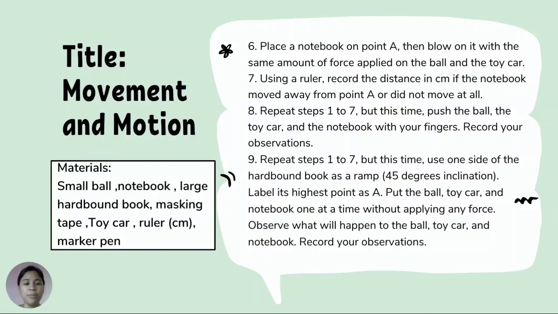Record your observations. Number 9, repeat steps 1 to 7, but this time use one side of the hardbound book as a ramp at a 45-degree inclination. Label its highest point as A, then put the ball, toy car, and notebook one at a time without applying any force. Observe what will happen to the ball, toy car, and notebook, then record your observations.